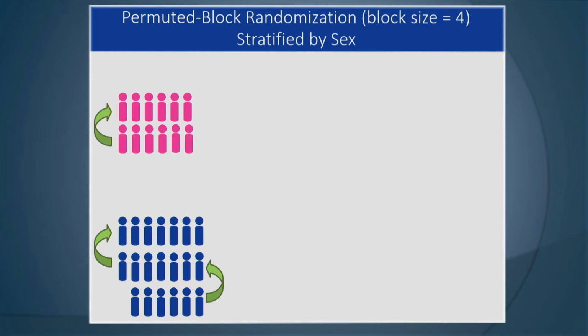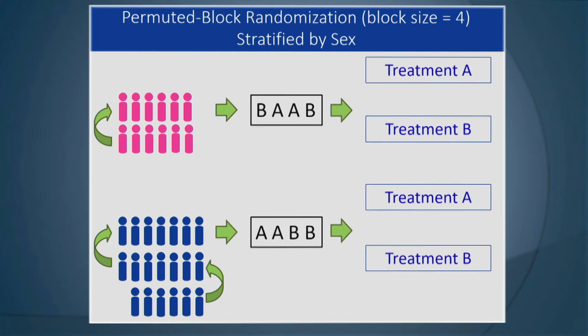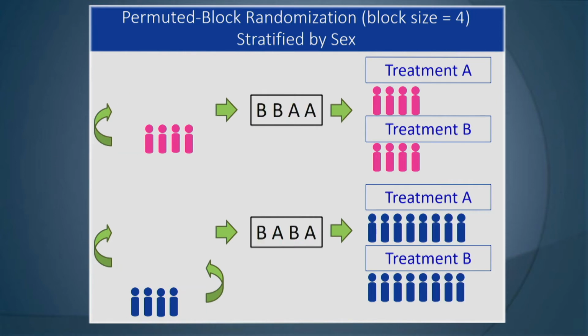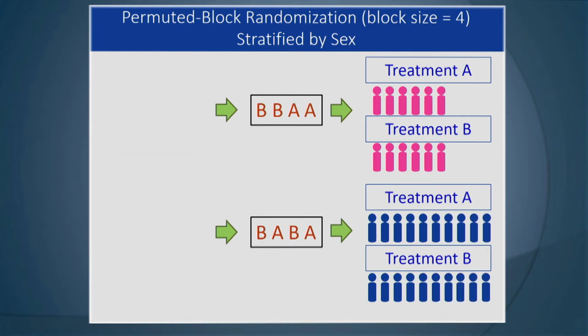We separate the women from the men, and we basically run as if we were running 2 separate trials. So the women are going to get their blocks randomly selected and assigned, and the men are going to get their blocks randomly selected and assigned. So basically, we do what we did before, except on 2 separate parallel tracks. And so the assignment happens to be like this.